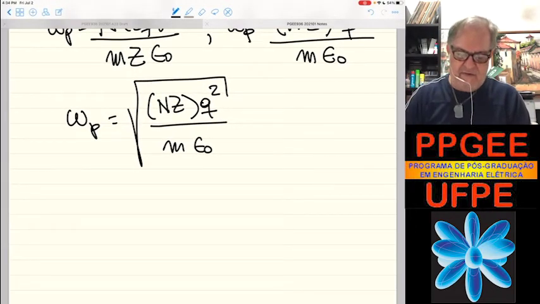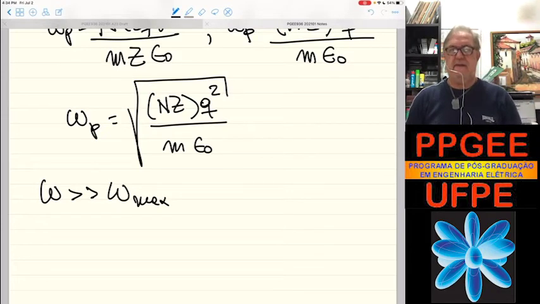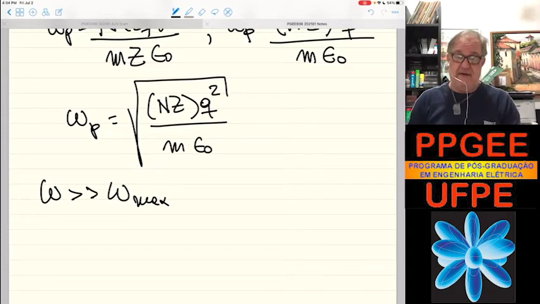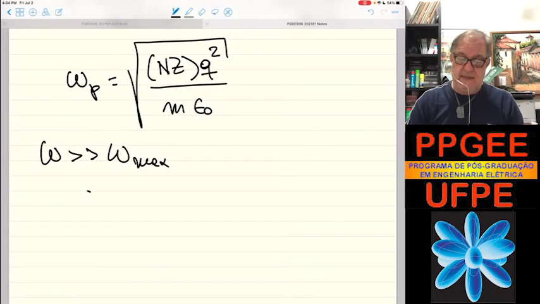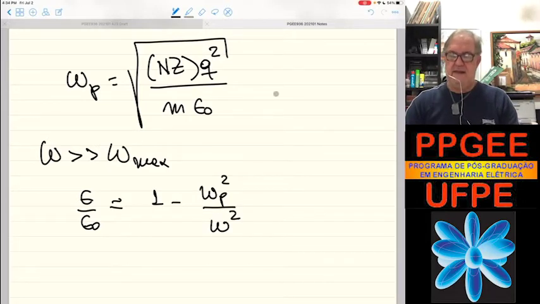For very high frequency, omega is much larger than the maximum resonance frequency. Then what do we have? Well, the response of the system is like this: 1 minus omega p squared over omega squared, right? This number here is smaller than 1 for insulators, okay?